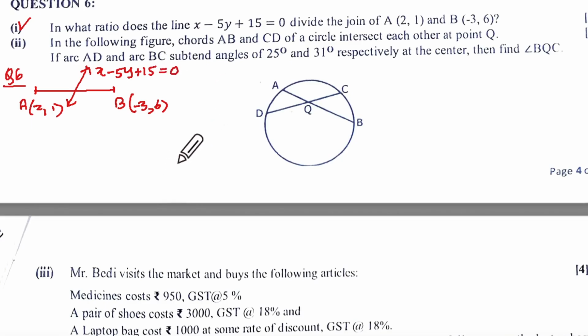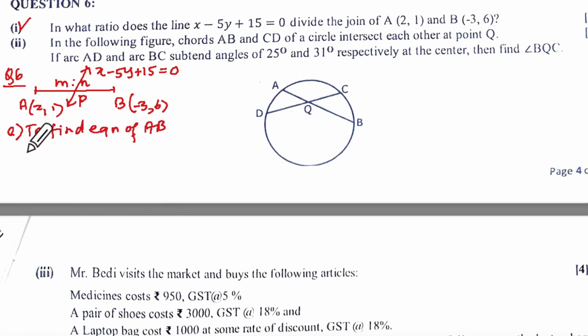All right, now if I need to find out the point of intersection, then only I can understand that m is to n can be found out. So point of intersection means I need equation of AB. So my first step is to find equation of AB.